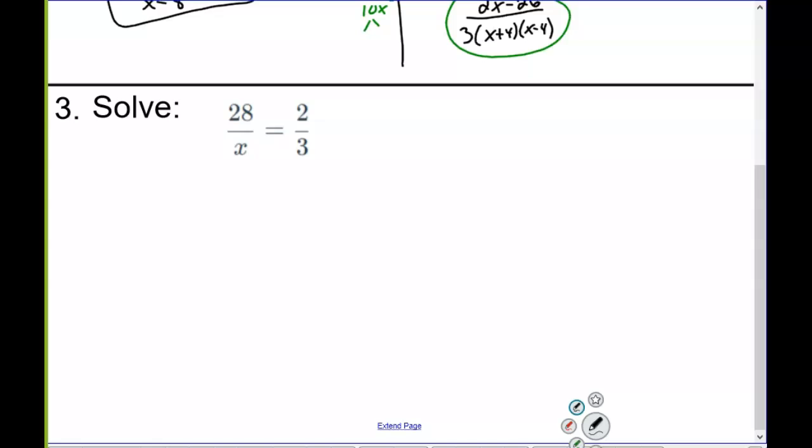There's more than one way. Remember when we took the 28 times 3 and said that product has to be equal to the product of x times 2, or 2x? What was that called?